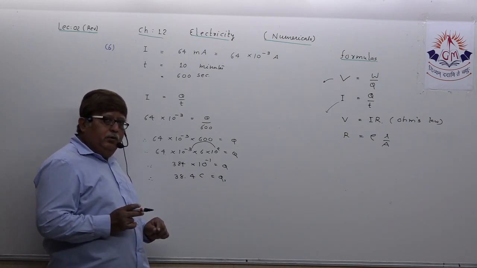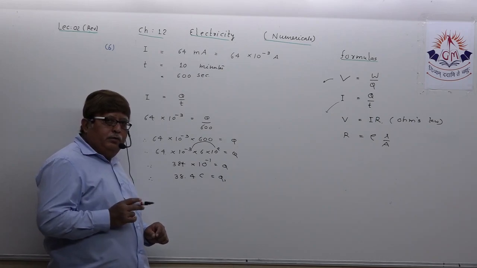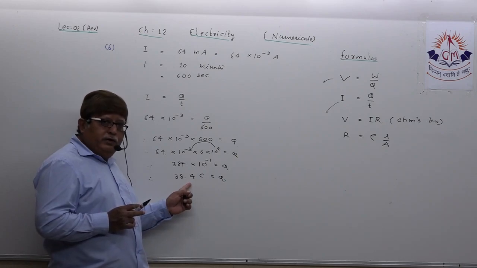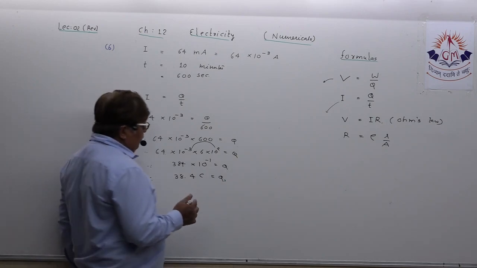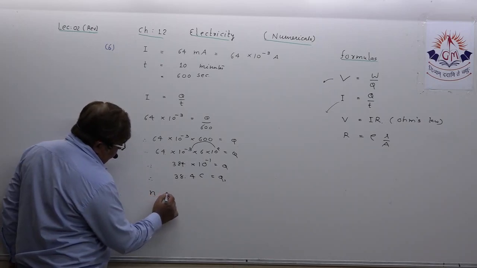Now you all know, dear student, that 1 coulomb equals how many electrons? 6.25 into 10 raised to 18. This charge is given, so can you count the number of electrons now? Definitely.